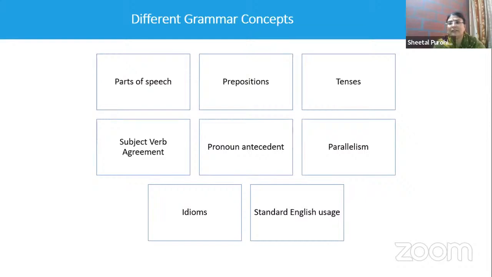Clear everyone till here, this slide? You can make a note of what is written over here.